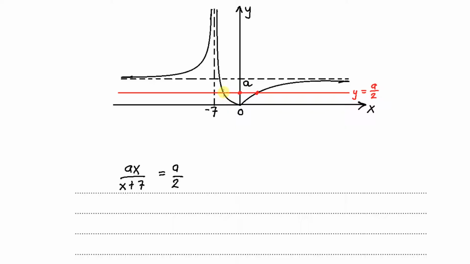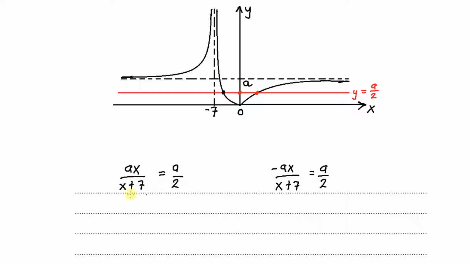And then for the second point of intersection, which is this point here, this is where the reflected portion of the graph, which I can denote minus of ax over x plus 7, is intersecting the line y is equal to a over 2. So here now I can solve for x.